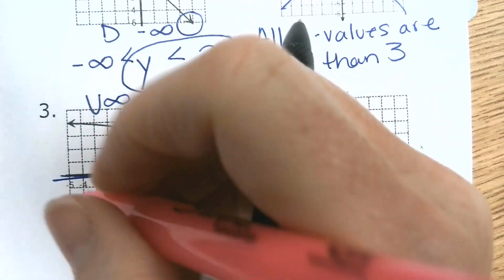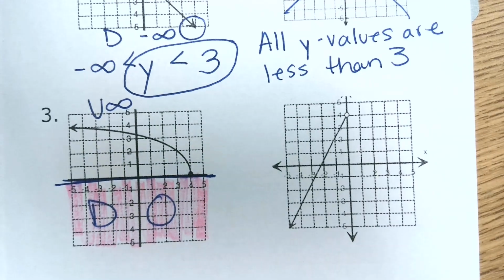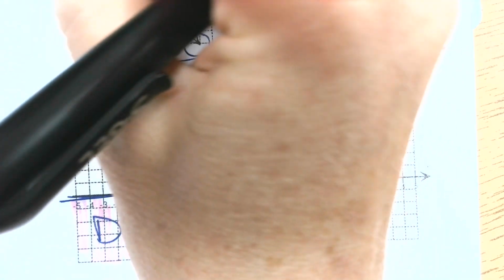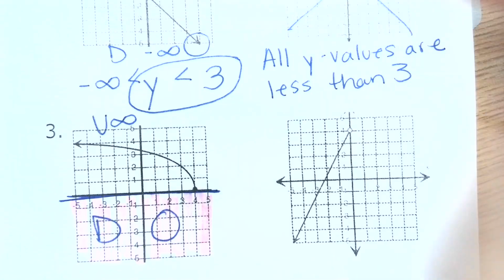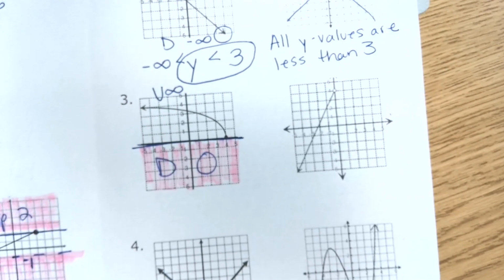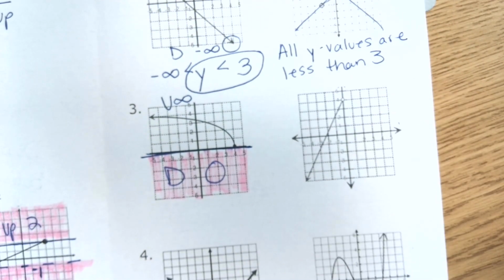Okay, so we need to highlight what's outside the fence on actually both of them. So this one's down to 0, goes up to infinity. Even though it's going left, we aren't worried about left and right.